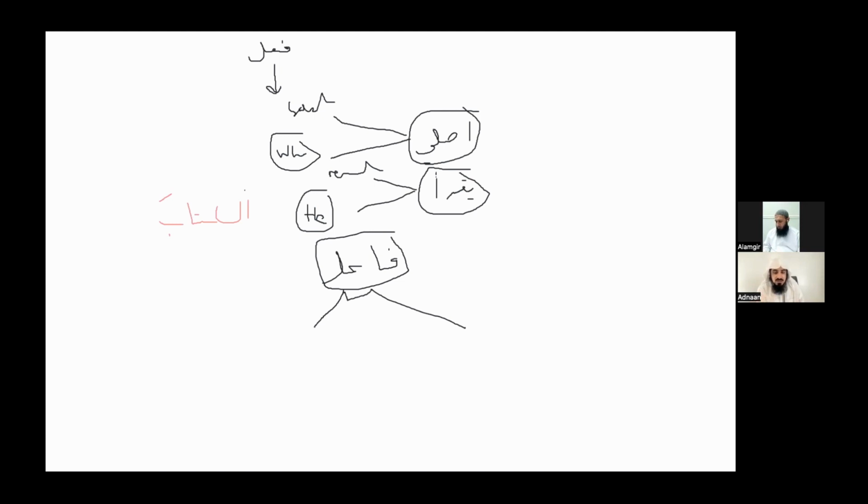So for example, if you say يقرأ سعد القرآن, يقرأ is the fi'l. The fa'il, sorry, the doer is Sa'd, Sa'dun, and al-Qur'ana is maf'ul bih. ضرب means to hit.